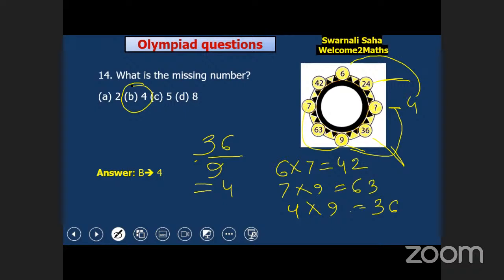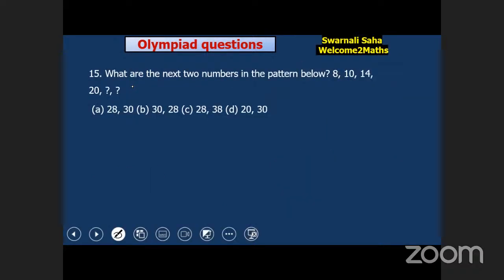Now, one more question. Question number 15. What are the next two numbers in the pattern below? 8, 10, 14, 20.